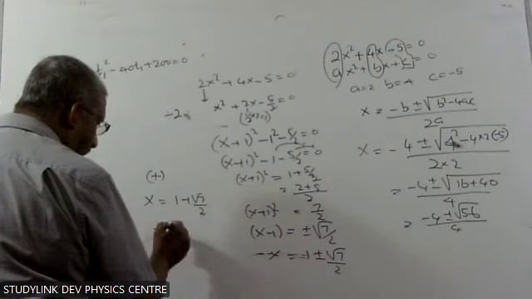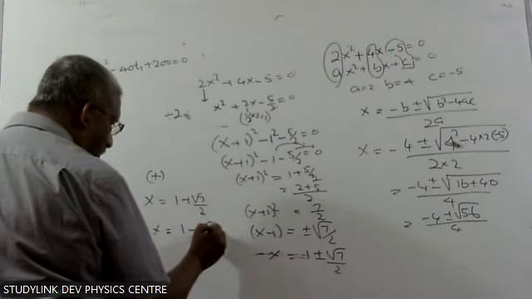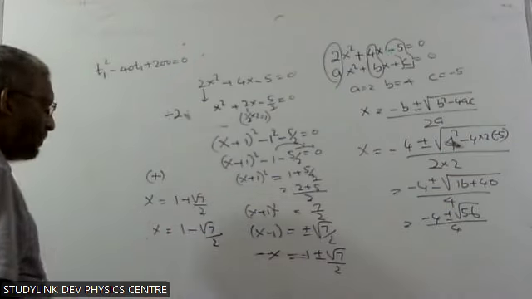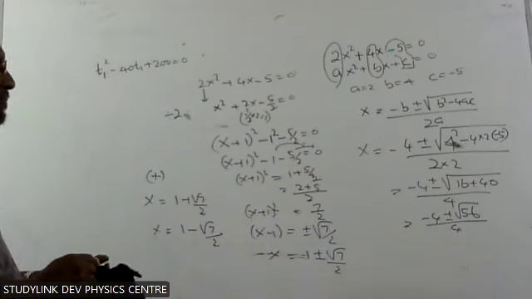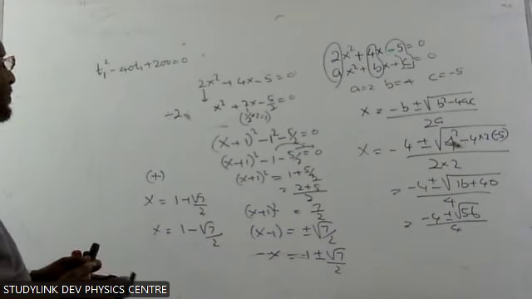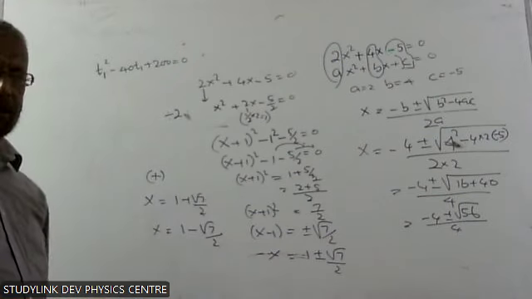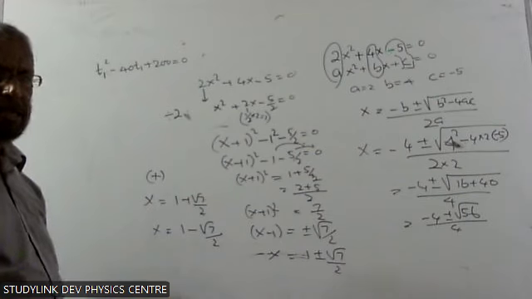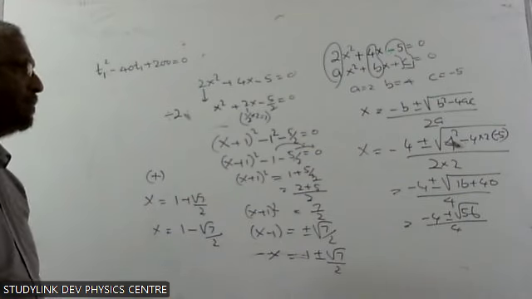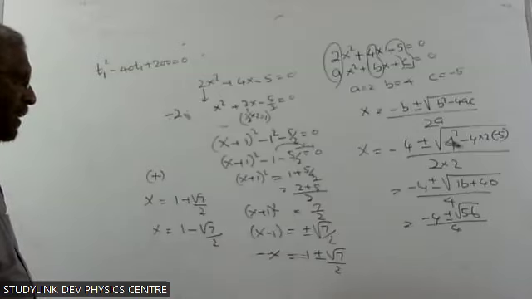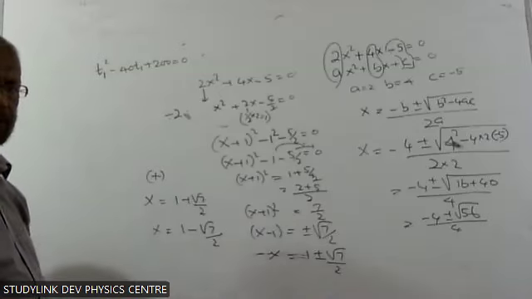Then other one, x is equal to 1 minus square root of 7 by 2. So there are two answers coming. If you can factor, most of the questions given to the exam, MCQs can be factorized. This is all maths I taught you, not physics.